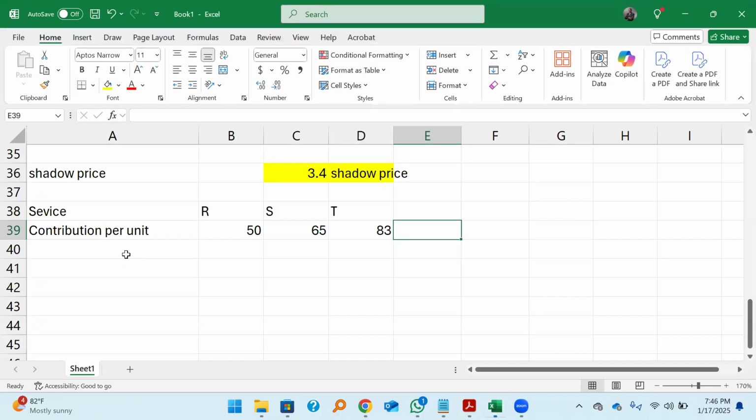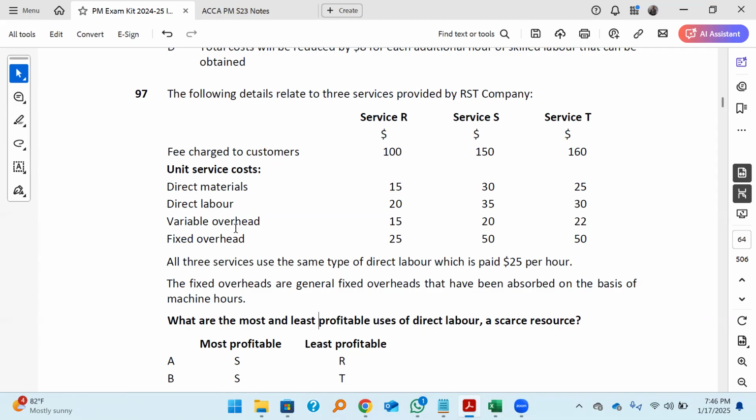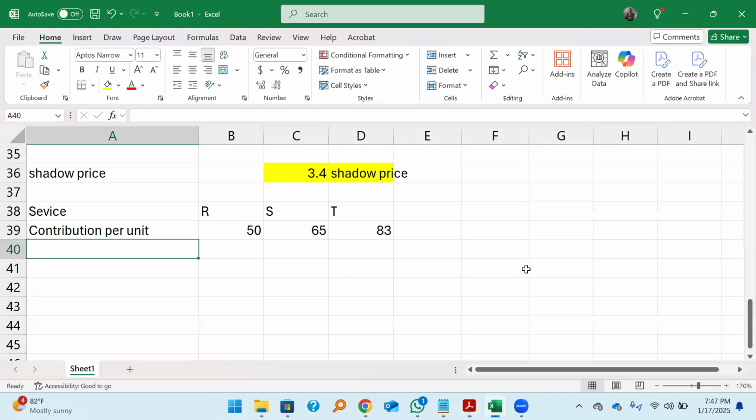But remember, what is limiting is labor. So we need to know labor. Labor has been given to us here, but we know that we need hours. So labor hours.